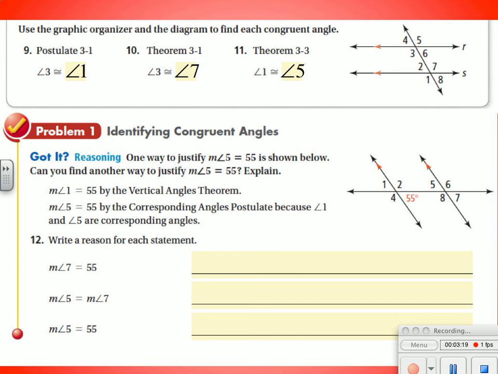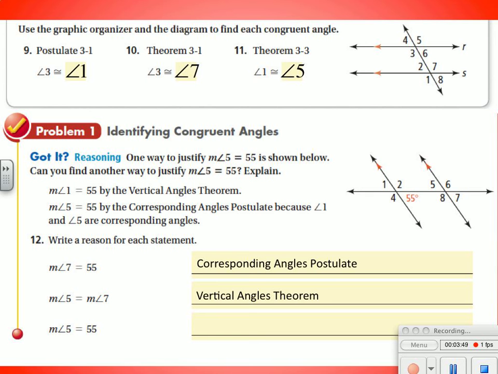So let's look at the reason statements here. We have three statements and we're going to give a reason for each. The measure of angle 7 equals 55 degrees. Why is that? Because it is a corresponding angle with the angle that is marked 55 degrees. So by the corresponding angles postulate, the measure of angle 7 equals 55. The measure of angle 5 equals the measure of angle 7 because those are vertical angles.